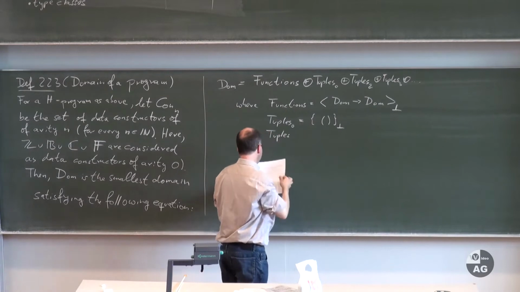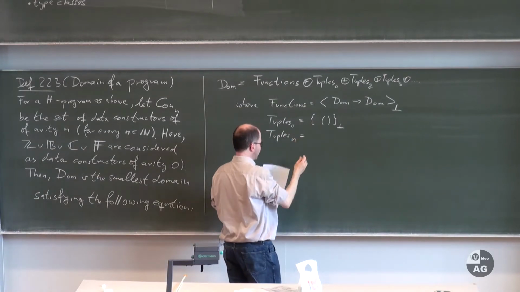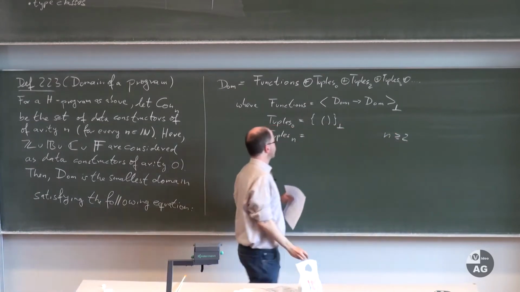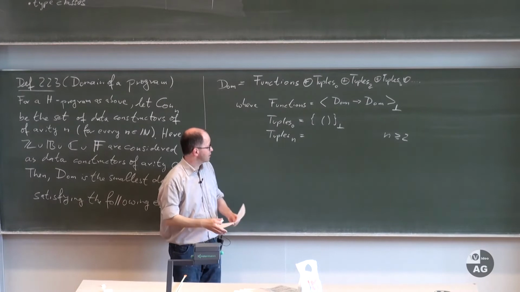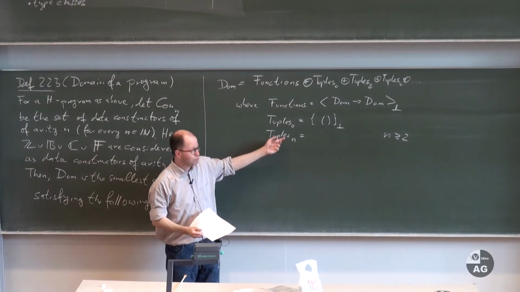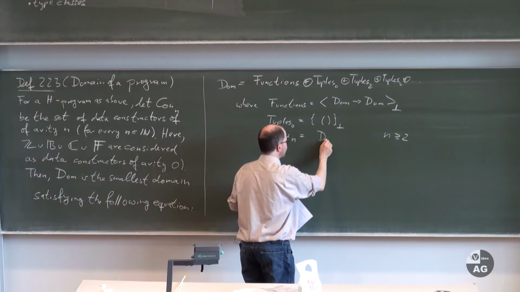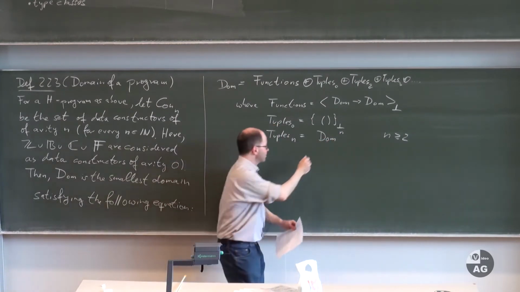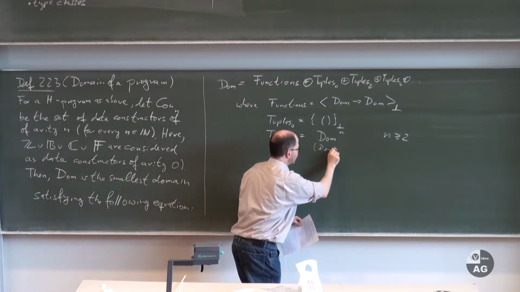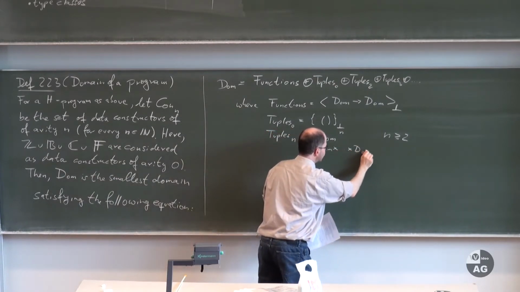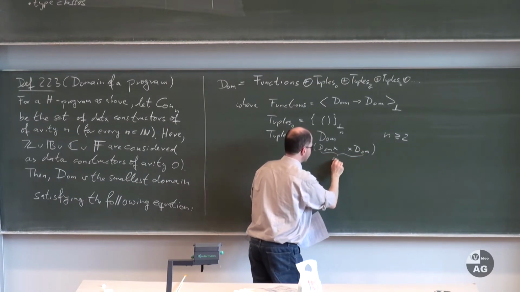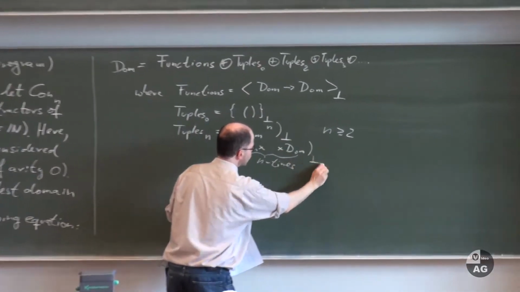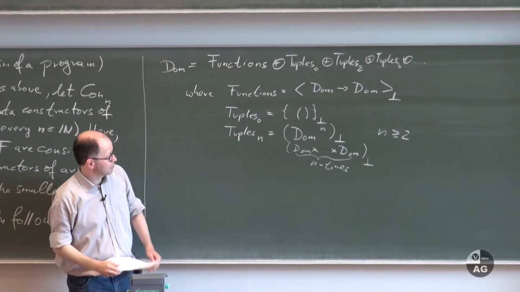So in general, tuples with n components, where n is greater or equal to 2, are essentially just the Cartesian product. The first component of this tuple is an element from the domain, and the second one also, and the nth one also. So this is the Cartesian product dom cross dom cross dom, n times, and lifted. So there's an additional bottom element.